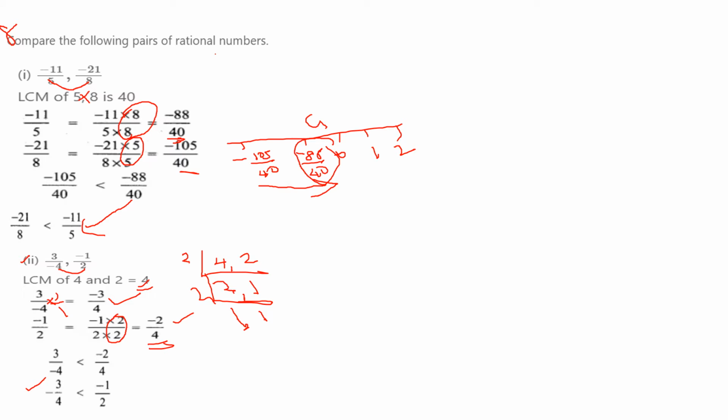First we draw the number line, 0. Here minus 2 by 4 and minus 3 by 4. Which is greater? Go to the right hand side, that is minus 2 by 4 is greater. What is the corresponding number of minus 2 by 4? Minus 1 by 2. Therefore minus 1 by 2 is greater.